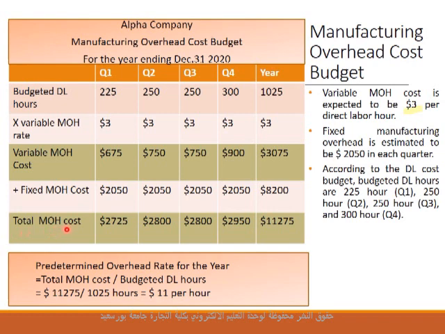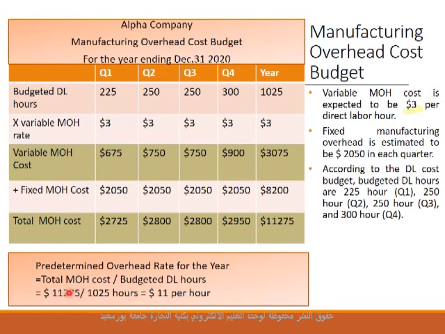So total manufacturing overhead cost is $2,725 in the first quarter, $2,800 in the second quarter, $2,800 in the third quarter, and $2,950 in the last quarter. Now we can have a predetermined overhead rate for the year by dividing total manufacturing overhead cost by budgeted direct labor hours.